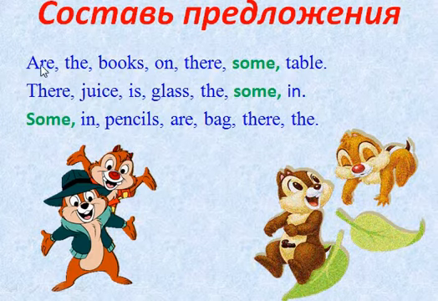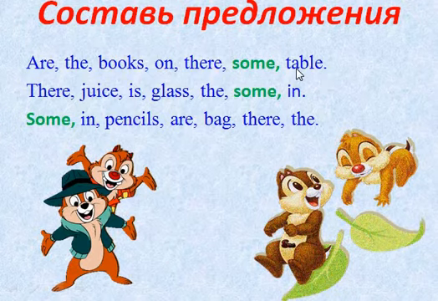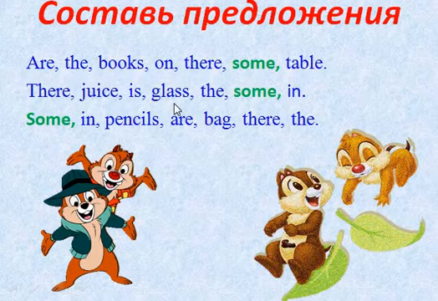So: there are some books on the table. Okay? So don't forget, peoples, we use the words some, any, and a lot of after the auxiliary verb is, are.